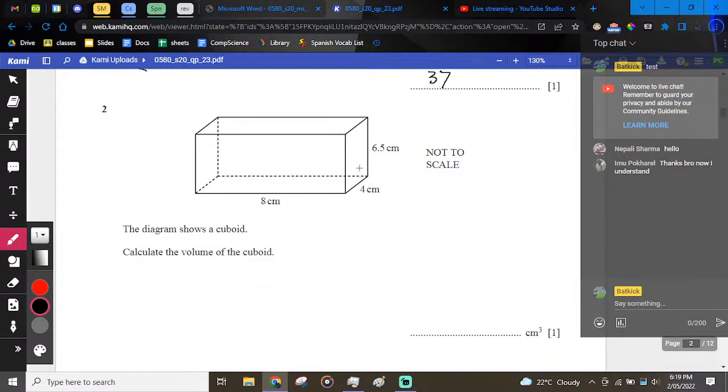Volume of cuboids is very easy. Length times breadth times width. 8 times 4 times 6.5 is 208 cm cubed.